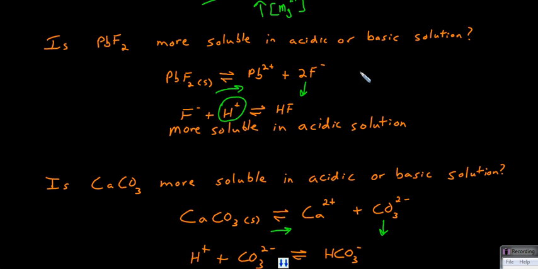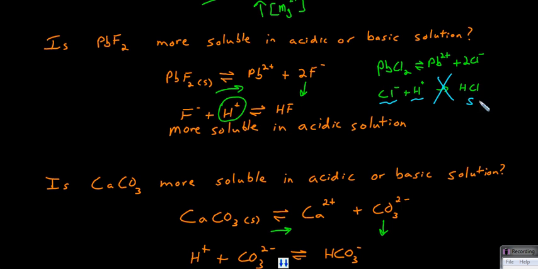What if we had done a similar problem, except in this case we had used lead chloride? Well, lead chloride should not be affected by whether you have an acidic or basic solution, because you know that chloride should not react with protons in solution to form hydrochloric acid, a strong acid.